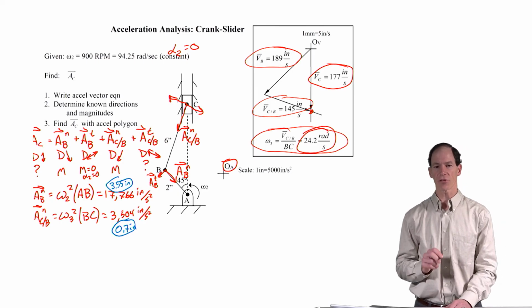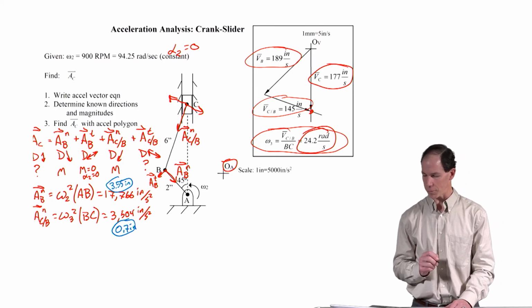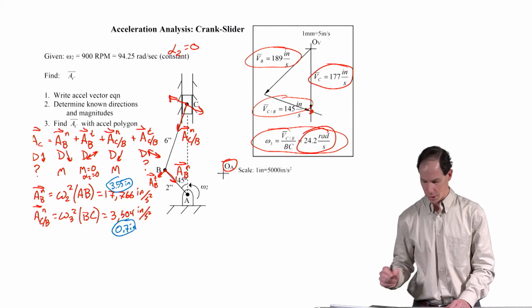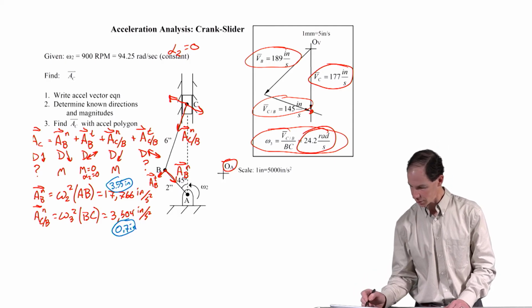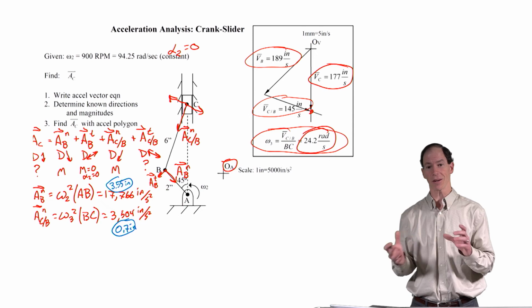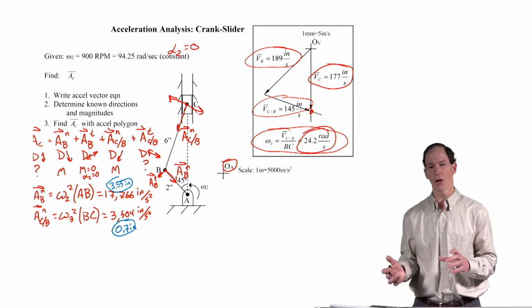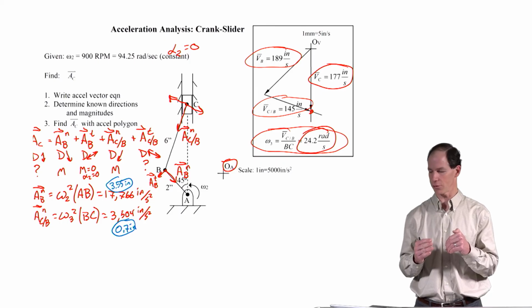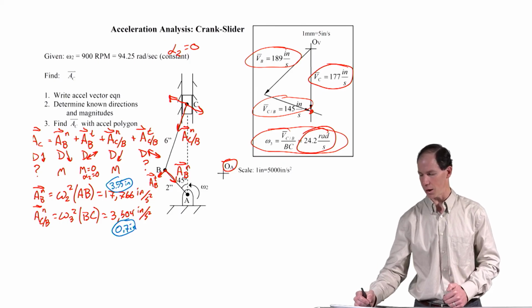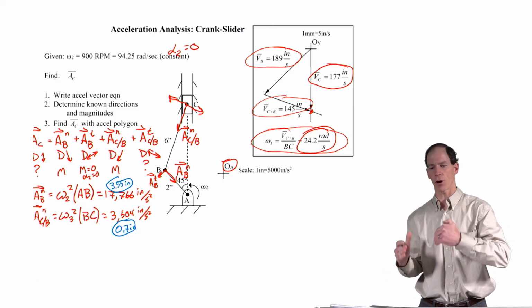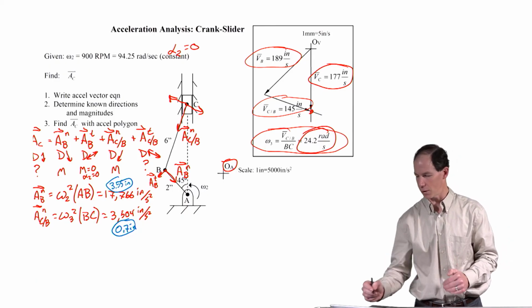So again, I'm going to start off by drawing what I know the most about. So I'm going to start with the acceleration of B normal, and this will be heading back down towards the origin. If I was in class, what I'd recommend you do is take your two 45, 45, 90 triangles. You would set one of them up on A to B. You would then slide the other one along it until you can draw a line that is parallel to it from OA.